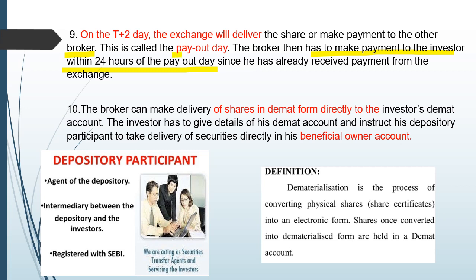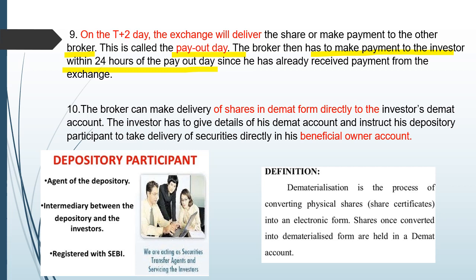This is called payout day. The broker then has to make payment to the investor within 24 hours. This is if you are selling your shares. The previous pay in day was if you are going to buy shares. Payout is if you are going to sell shares.